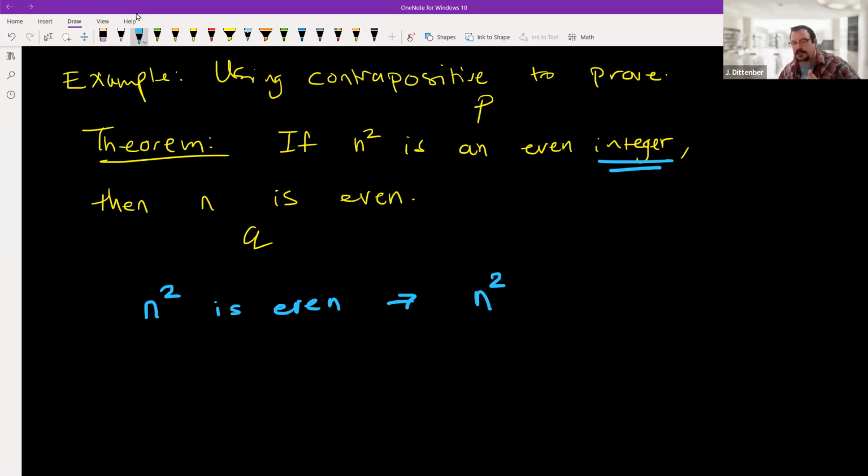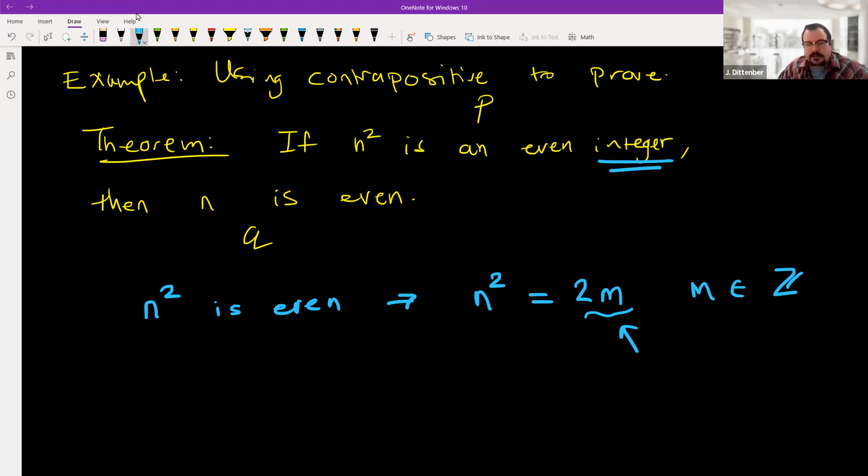If I multiply 2 integers, I will always get an integer, and I can't get a decimal or a fraction. So if n squared is even, then n squared is equal to 2 times some other integer m, because that's the definition of an even number, that I can divide by 2. Those are multiples of 2. And here, this can represent any multiple of 2, provided that m is an integer and varies throughout all the integers. So we would say where m is an integer like this.